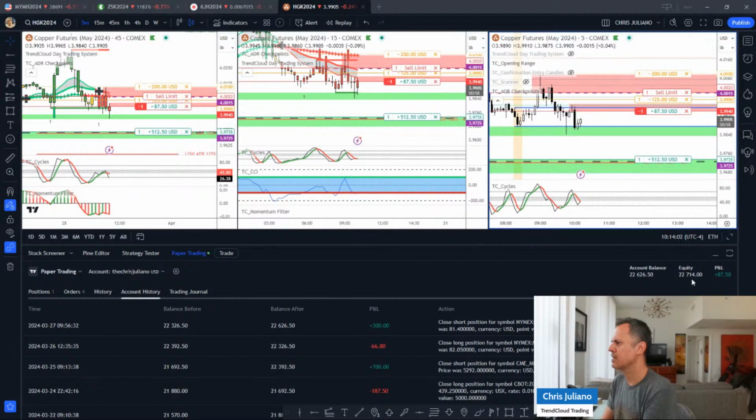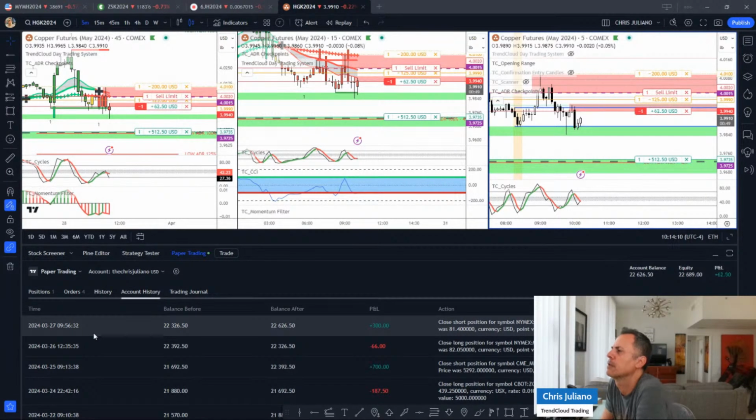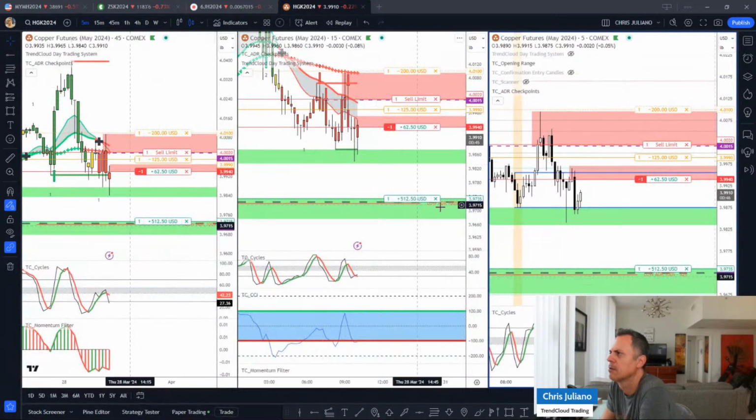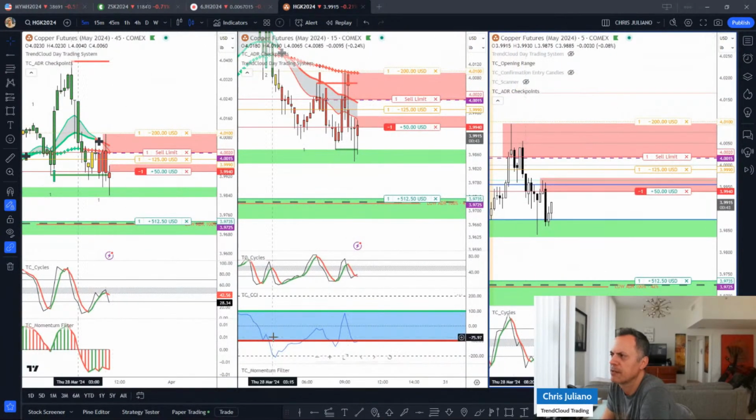If we close out right now, we're 2,700, right? Making a move up here. We're in the green for the month. So everything is icing on the cake, right?